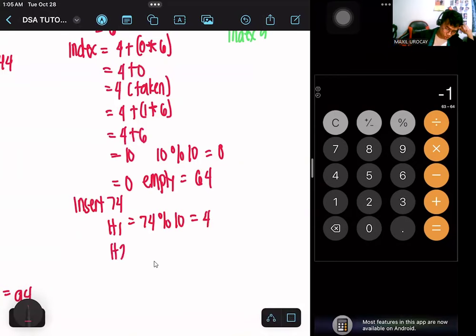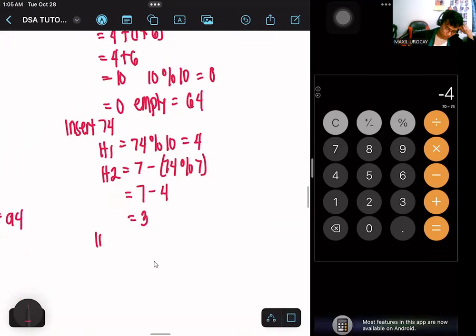And your hash 2 is 7 minus 74 modulo of 7. So 74 divided by 7, that is 10. So 10 times 7 equals 70, 74 minus 70, so we do have 4. So 7 minus 4, it will become 3. So therefore, your hash 2 will be 3.